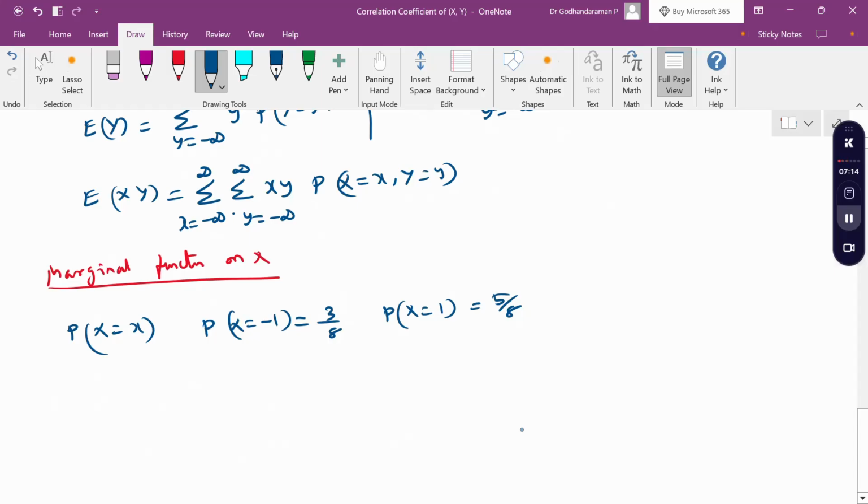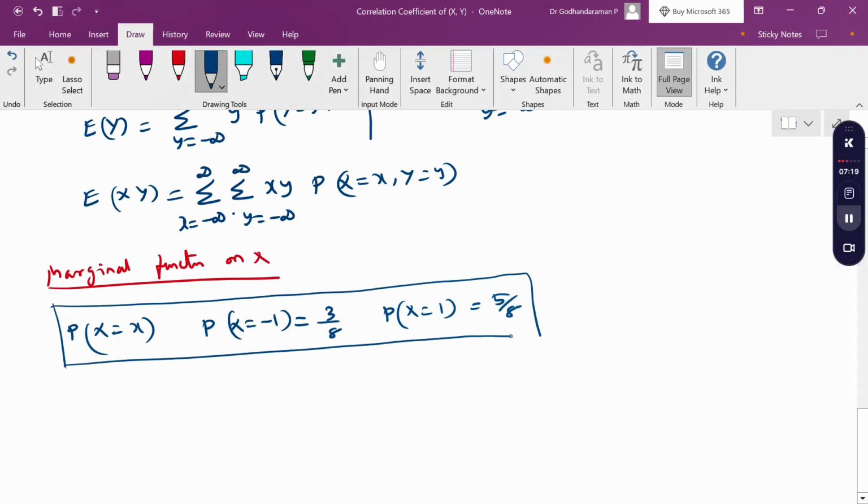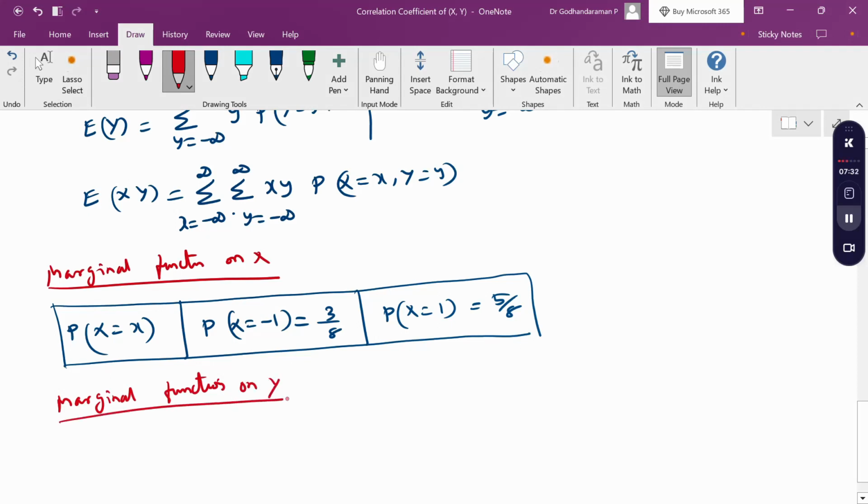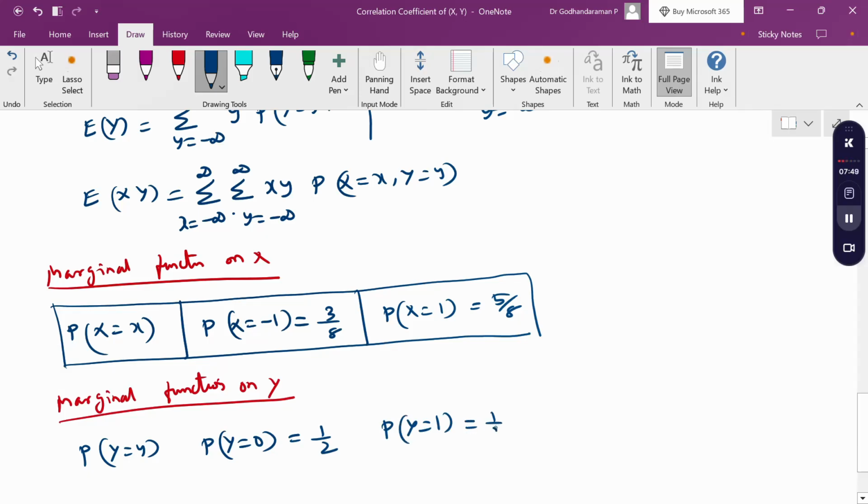So this is the marginal function of X. Then the marginal function of Y: Y equal to 0 is 4/8, so 1/2, and Y equal to 1 is 4/8, 1/2.